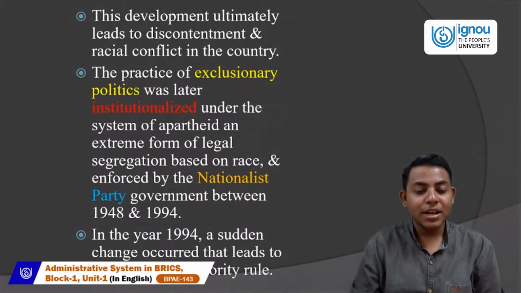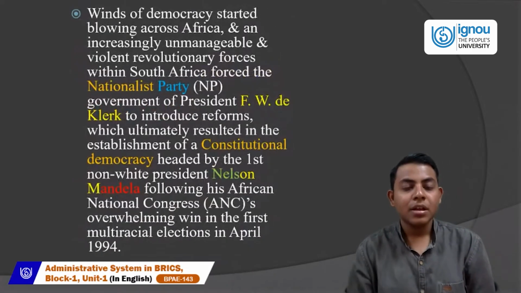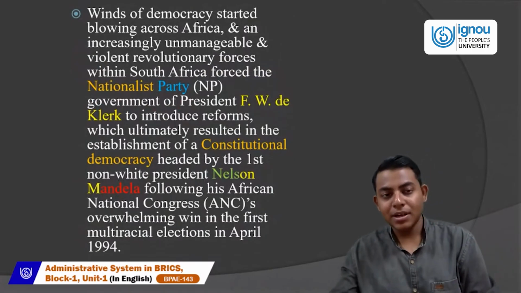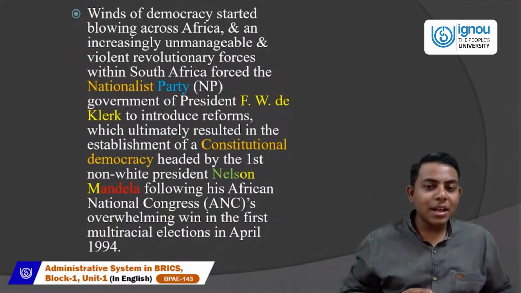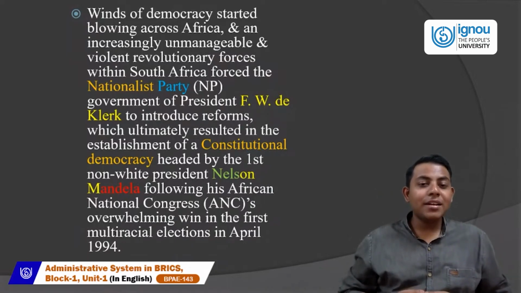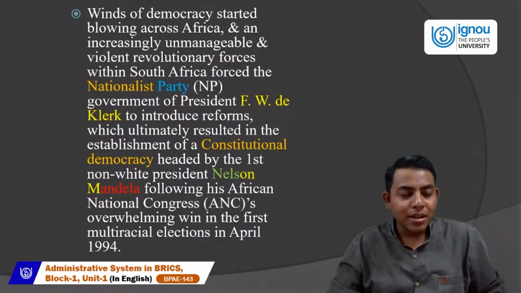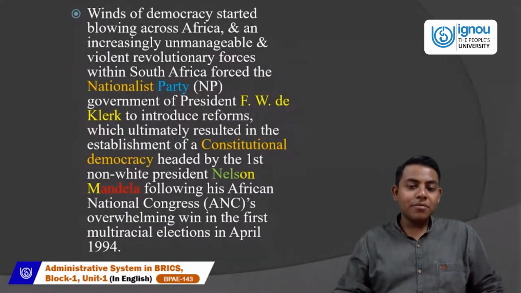In the year 1994, a sudden change occurred, and that led to the end of white minority rule. Winds of democracy started blowing across Africa, and increasingly unmanageable and violent revolutionary forces within South Africa forced the National Party government of President Frederick Wilhelm de Klerk to introduce reforms.